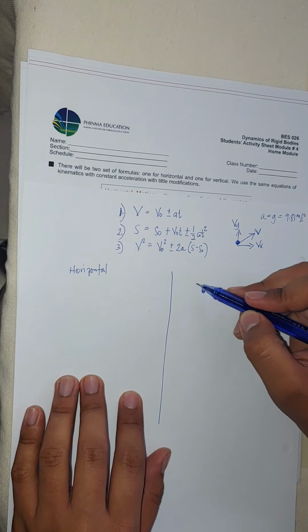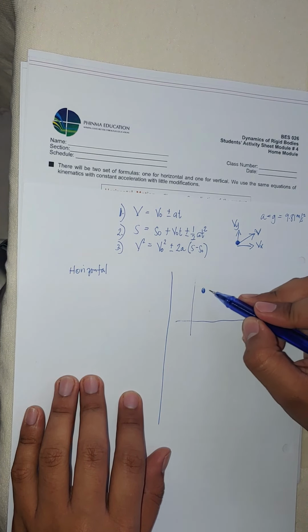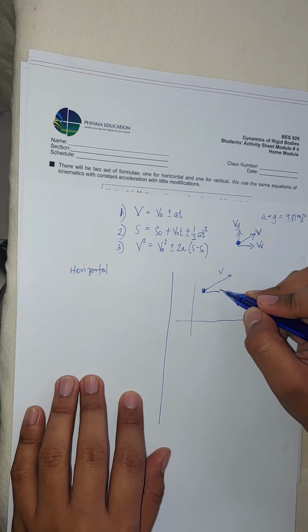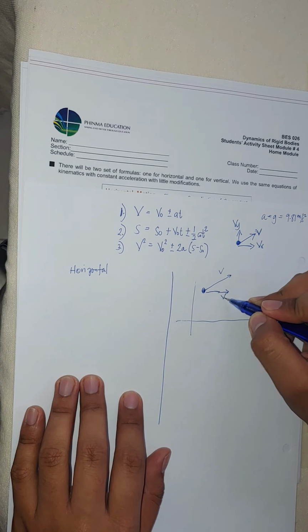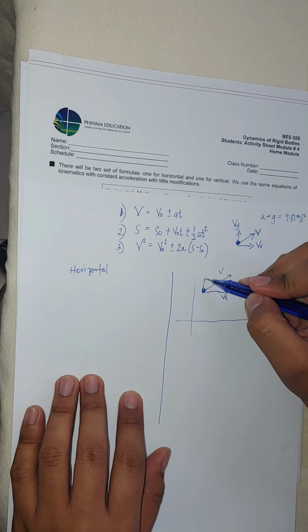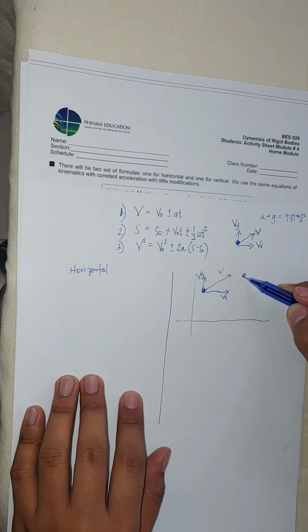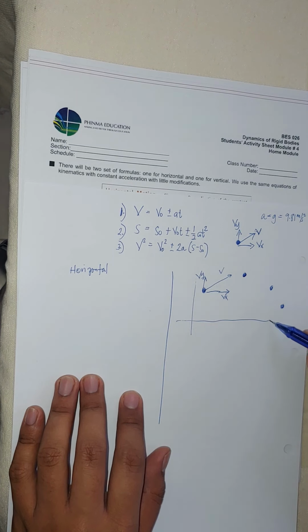But before that, I would just like to discuss that in a projectile motion, say it moves like this. It has a velocity, and this is the horizontal component of the velocity vx, and the vertical component of the velocity vy from this point. So it moves like this until such time it reaches this point.